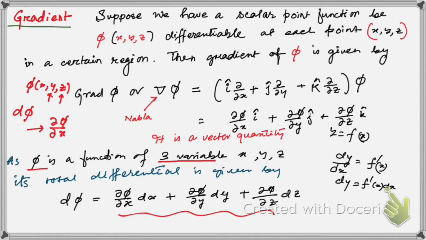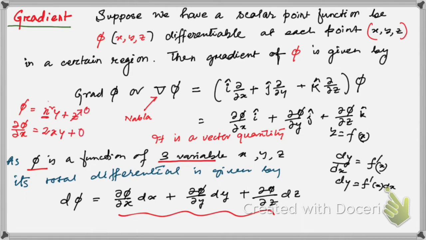So suppose your phi is equal to x square y plus z. So when you find del phi by del x, then you will consider x as a variable only, the remaining terms will be constant. So here we will get twice x, then y plus derivative of constant is 0, so we're going to get this, right? That's how we find partial derivative. So hope you have understood this, right?